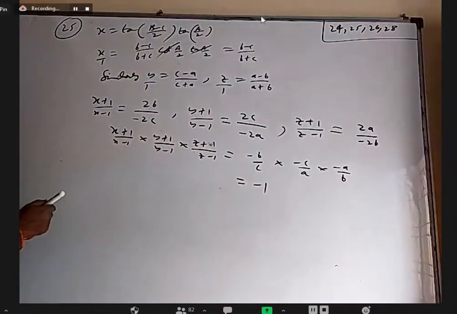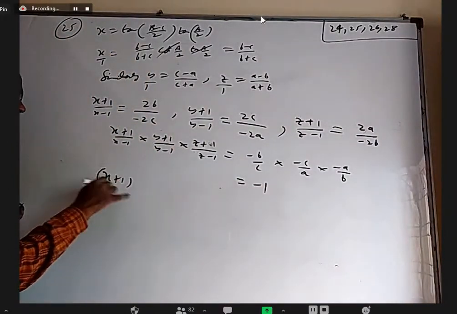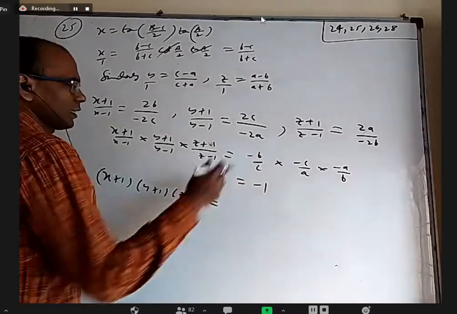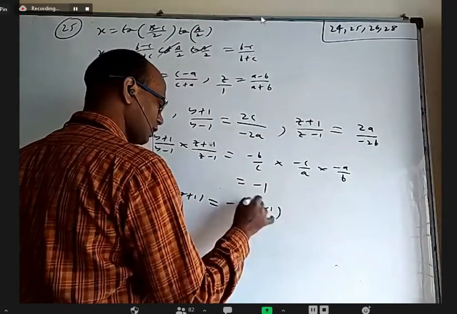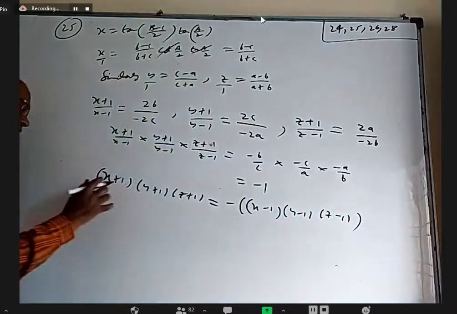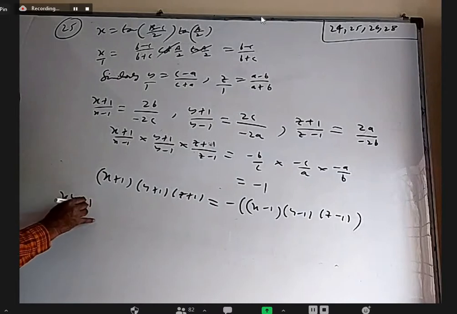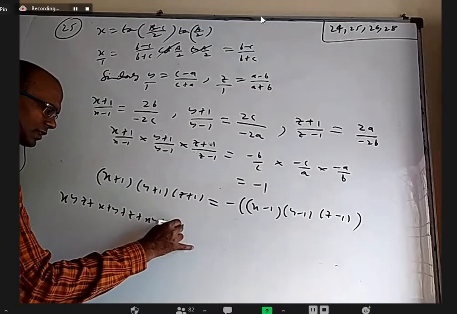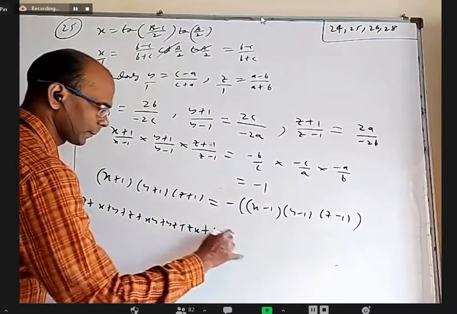Now simply expand this. You will get (x plus 1) into (y plus 1) into (z plus 1). If I send here, it is a minus of (x minus 1) into (y minus 1) into (z minus 1). When I expand this neatly, I'll get xyz plus x plus y plus z plus xy plus yz plus zx plus 1.